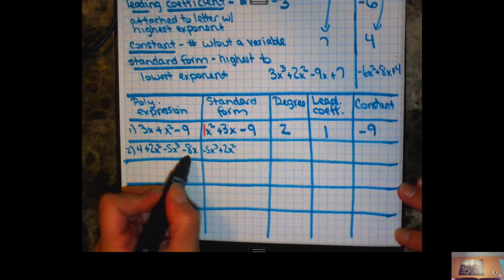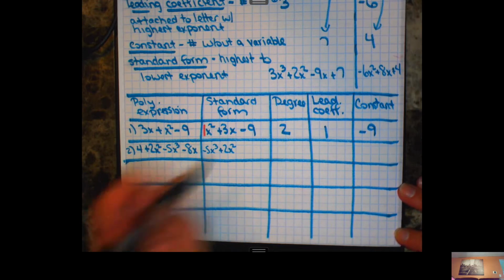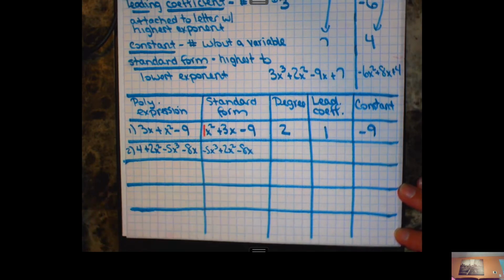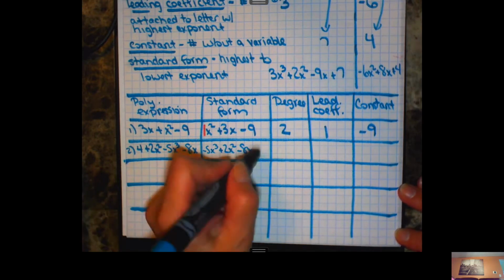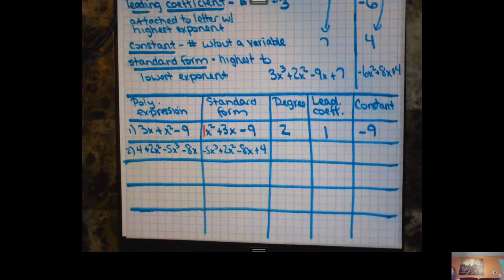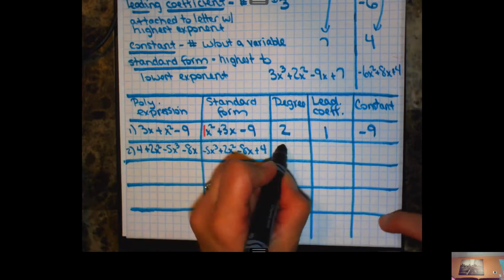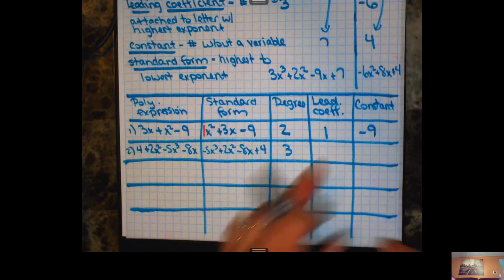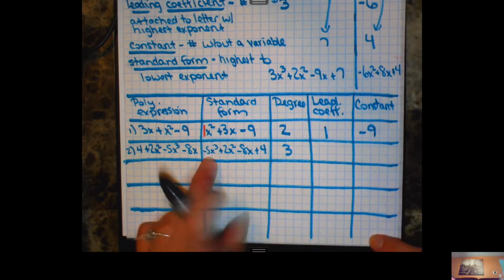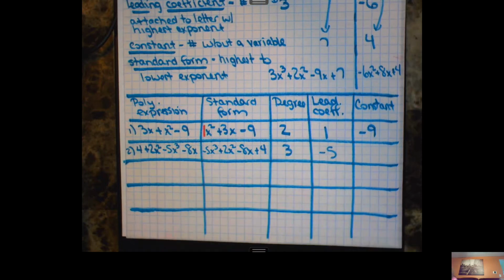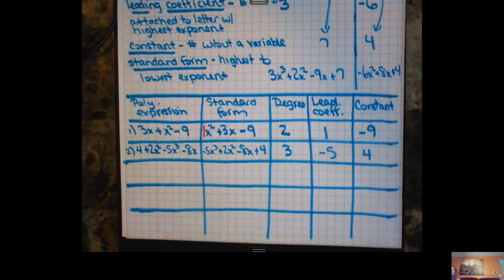Next would be this power of 1, because there's an imaginary 1 here, so minus 8x. And then this 4 goes at the end, so plus 4. Our degree is the highest exponent, that's a 3. Our leading coefficient is the number in front of that term, that's negative 5. And our constant is 4. 3 more of these.